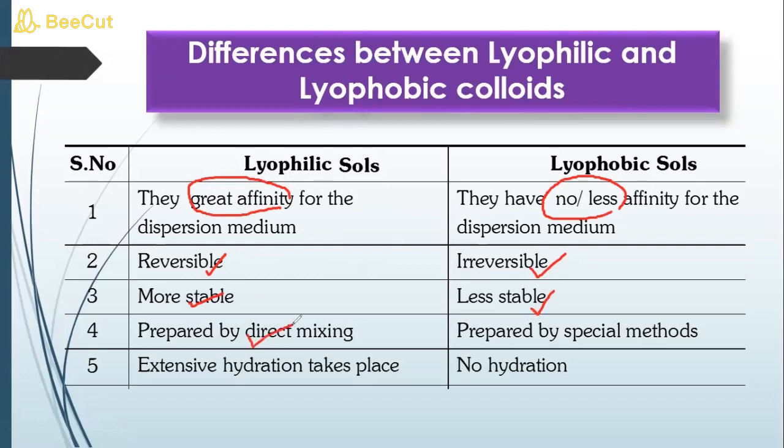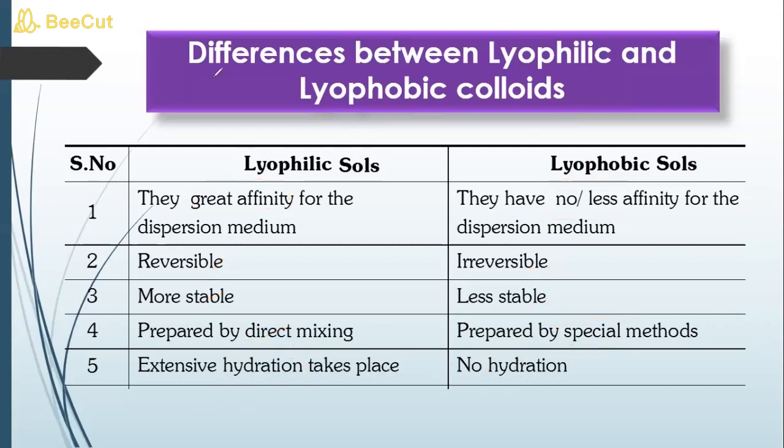Lyophilic sols can be prepared very easily, but for lyophobic sols, we need special methods such as Bredig's arc method, chemical methods, etc. In lyophilic colloids, extensive hydration takes place, but in lyophobic there is no hydration.